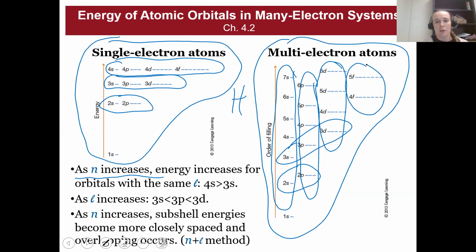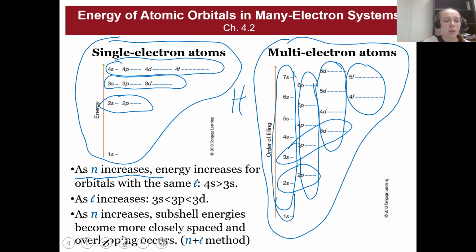If we just look at our N's for the same L, so all of our S orbitals for any shell, as we increase N, we increase the energy. If we look just at the p orbitals, as we increase N, we increase the energy. If we look just at the d orbitals or f orbitals, same thing.